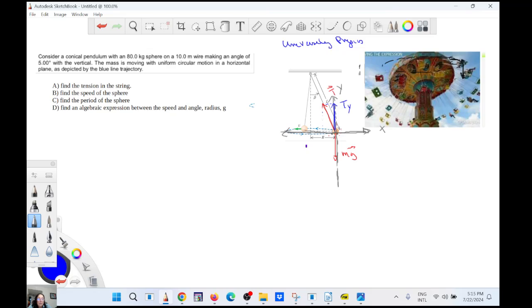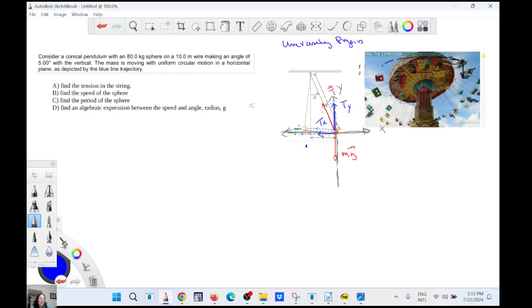Then you have an X component, which is not balanced out, because this component is what keeps the mass on a circular path. It's because of this component that the mass does not go off track. That's what we call in physics the centripetal force. If there was no such force, off on a tangent it would go.